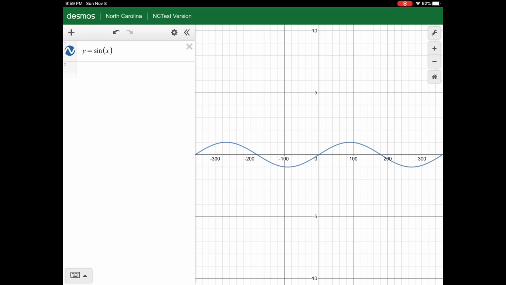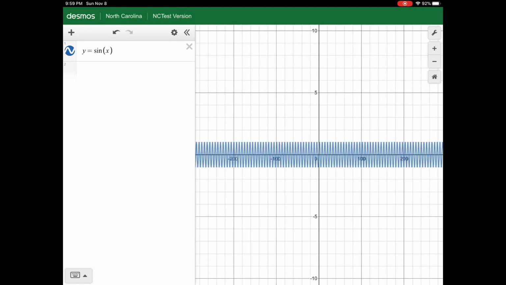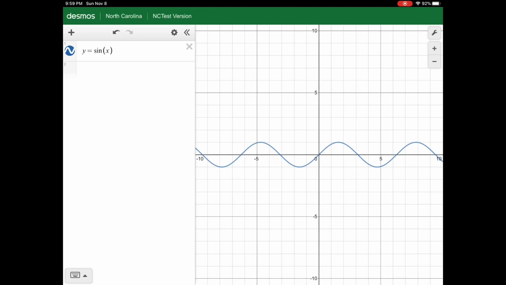And that will drastically change if I put it into radian mode, because radians is measured based off of the length of the outside of the circle. It's based off of the circumference. So if I hit the home button, if I'm in radians, I can actually see the wavelength much easier because I'm not looking at such a large number.